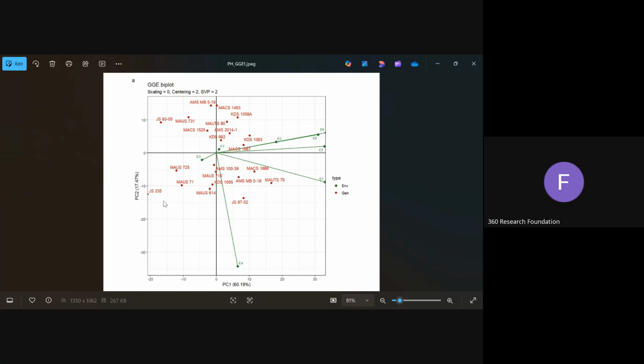But apart from stability, the same genotypes you can evaluate for selection. Suppose you evaluated 25 genotypes and any one genotype performs better, you can select that particular genotype for your crop improvement program.